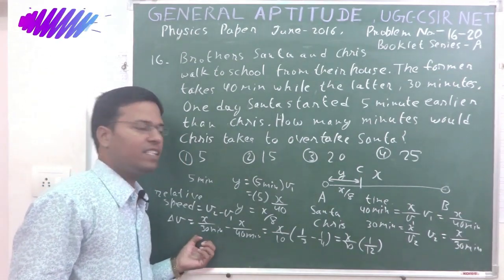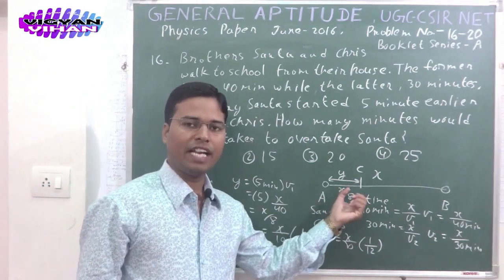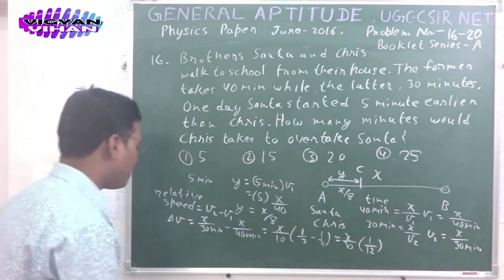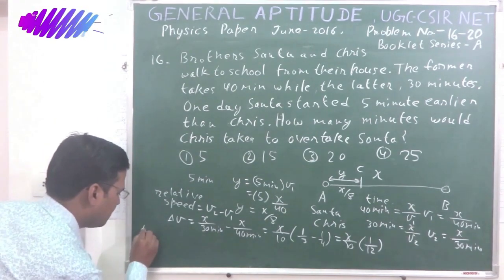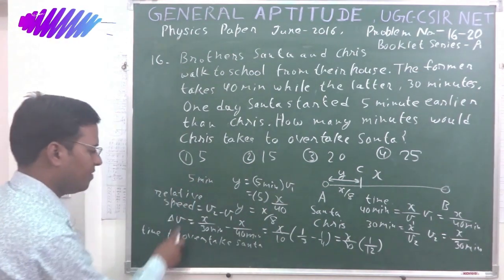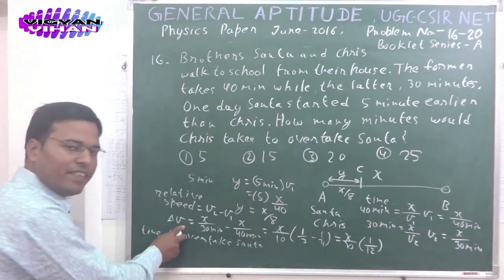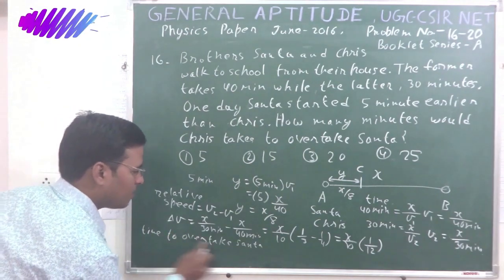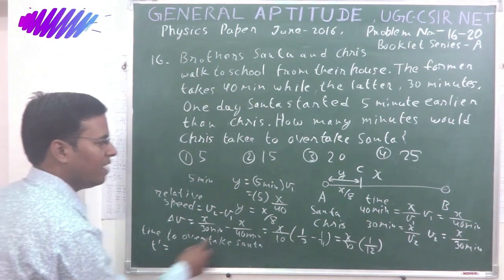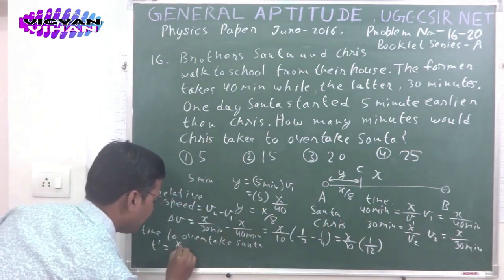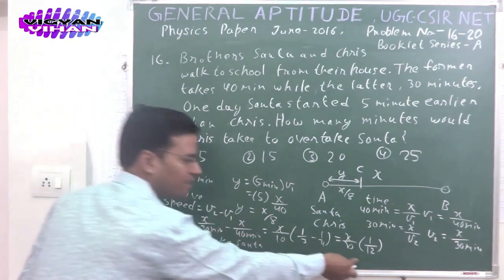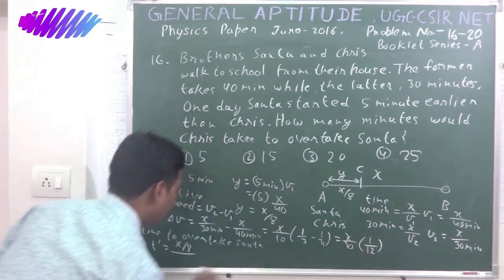With the relative speed, Chris will have to travel the distance x upon 8. So now we can calculate the time to overtake Santa, t dash, by the distance y, that is x upon 8, divided by delta v, the relative speed, x upon 120.